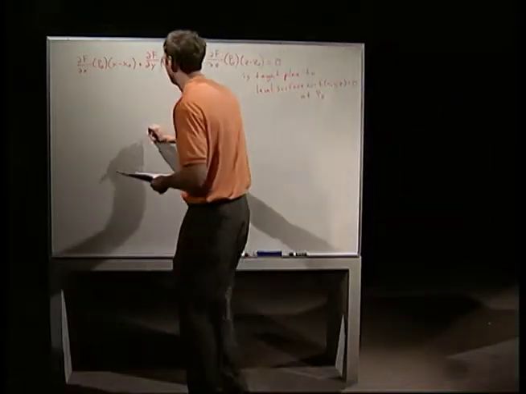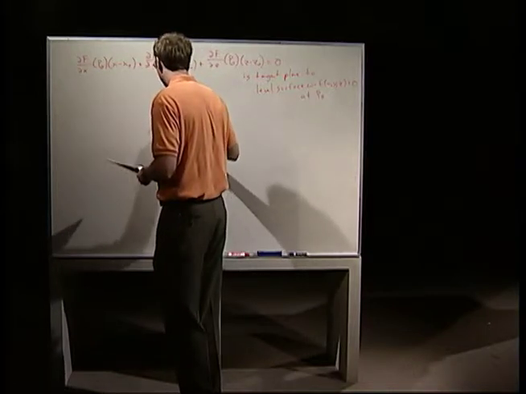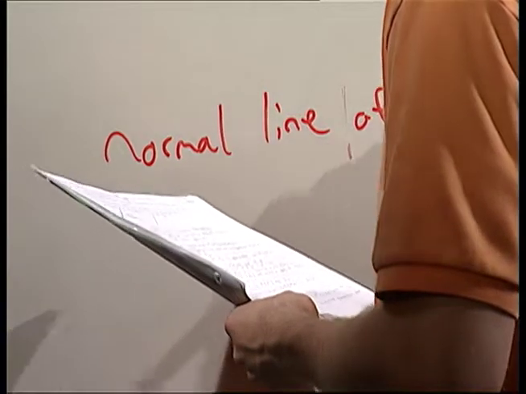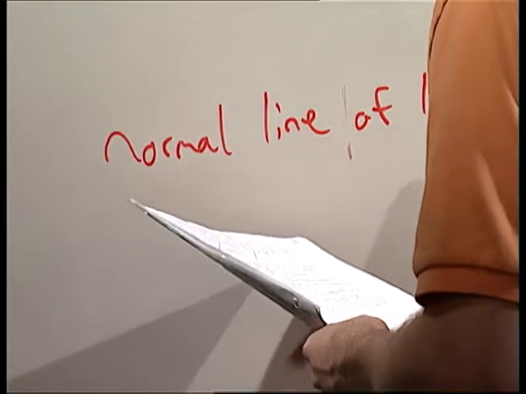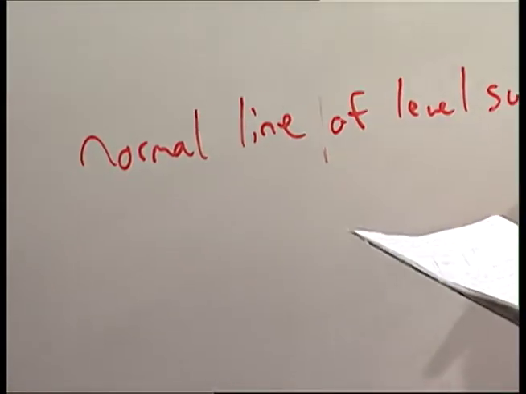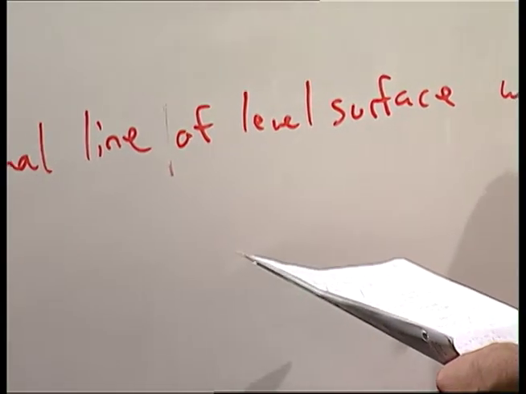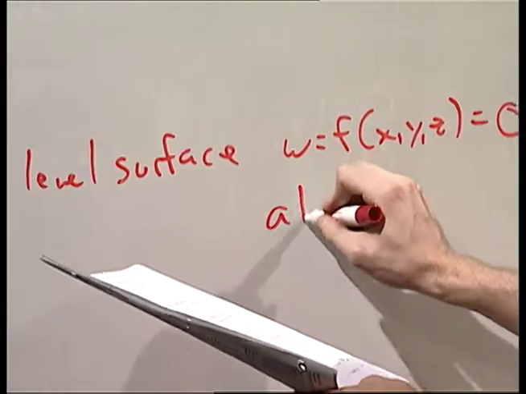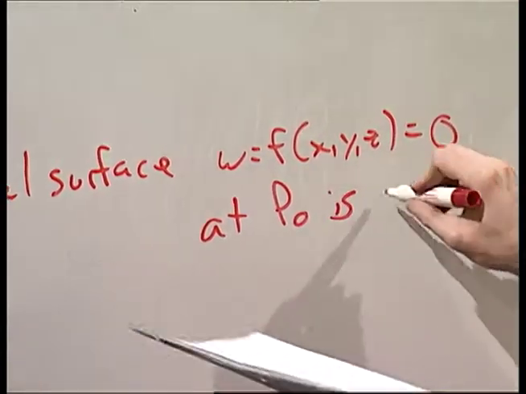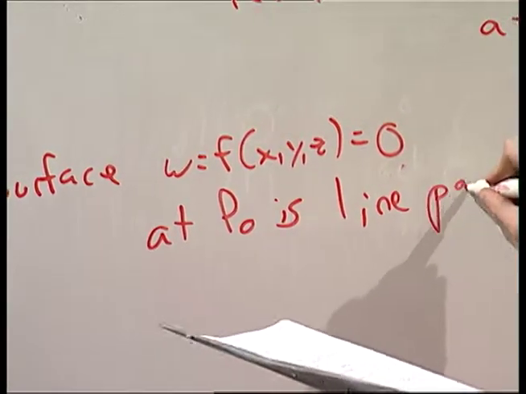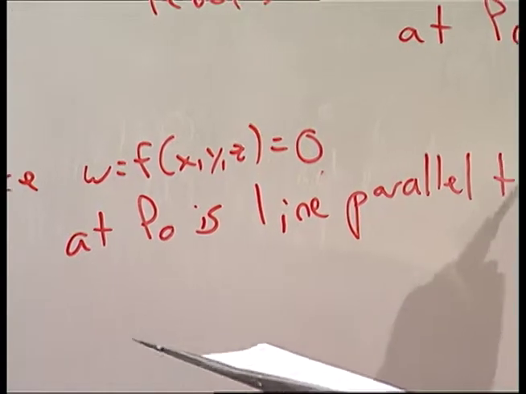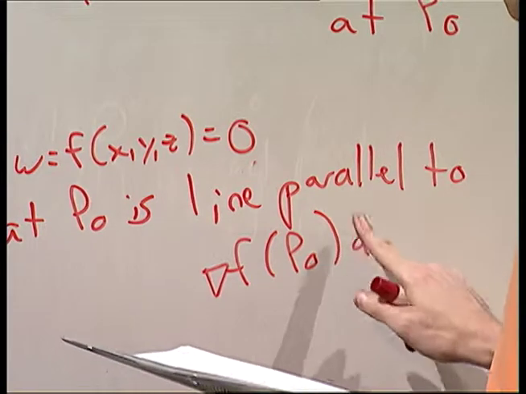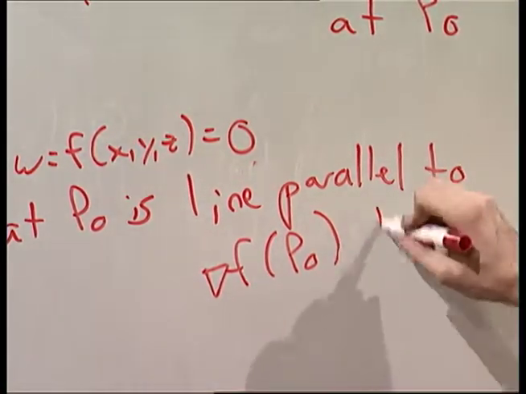Also, it's worth noting that the normal line of the level surface W equals f of x, y, z equals 0, at p naught is the line just parallel to the gradient, and it also should be through p naught.